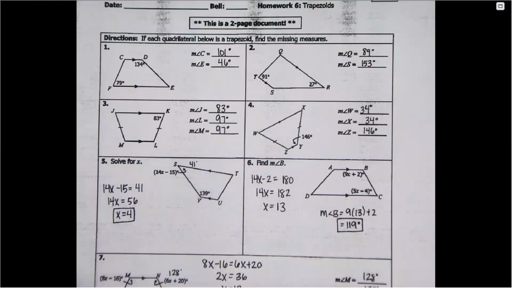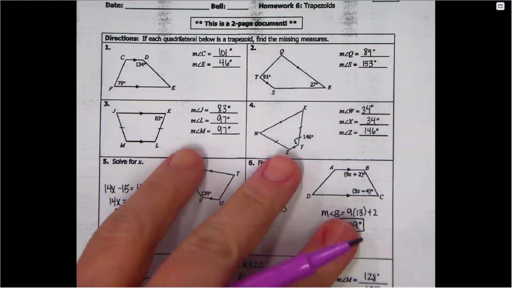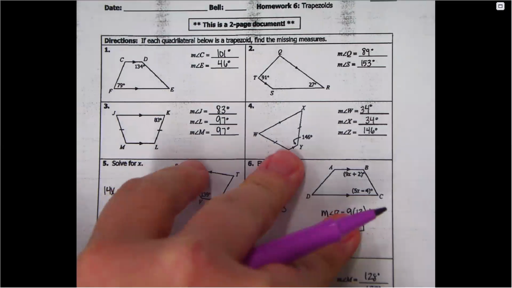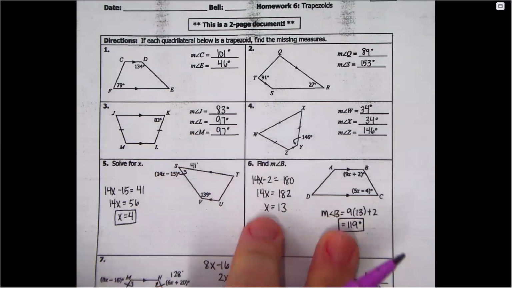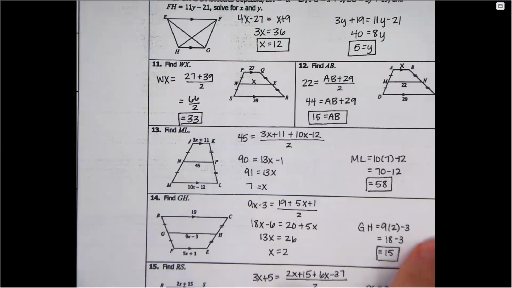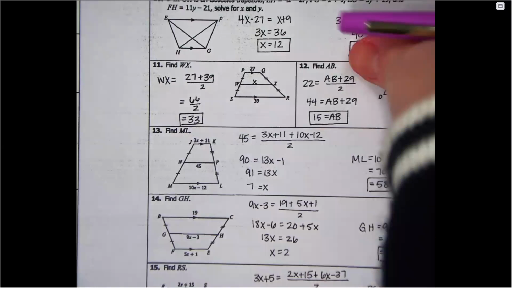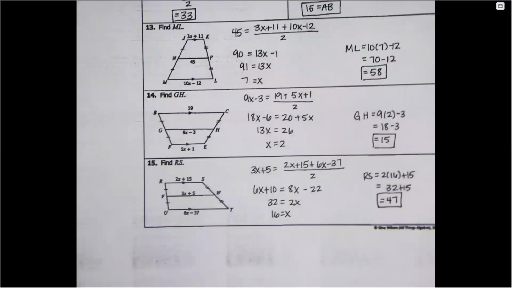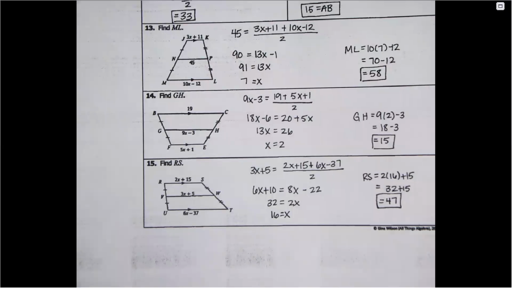All right, everybody good with their homework? Nobody has homework questions? Number 12. What was what? 14? Yeah, 14 is 15. Anybody else have questions?